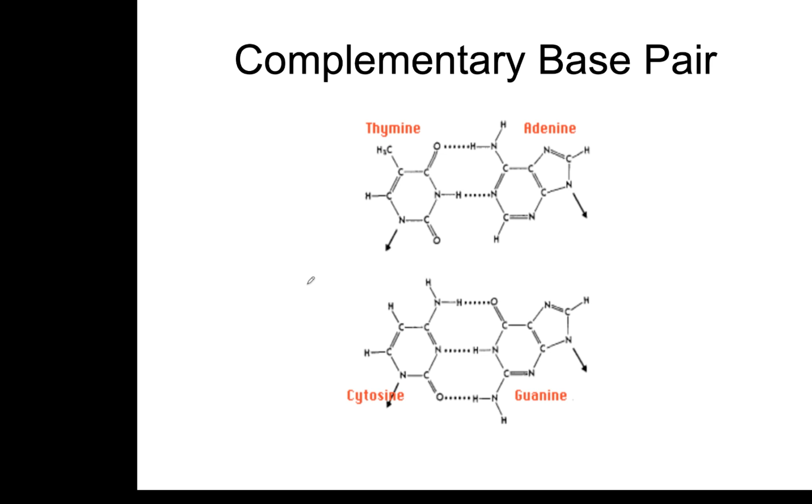DNA always exists as a double strand. So here's one DNA strand, and here's another DNA strand, forming a double strand.